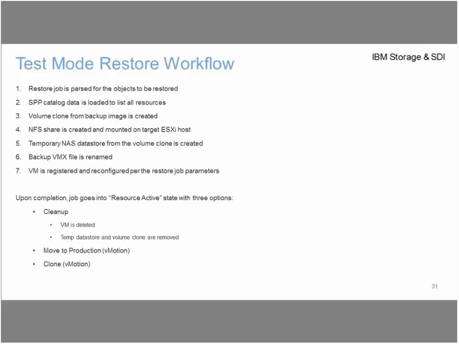We're going to create that temporary NFS data store from the volume clone, and then the backup VMX file, or the information about the CPU and memory and all that stuff for the virtual machine, is copied and renamed. We're going to register the VM with the vCenter server. Remember that the VMDK, the data itself, is still running off of the vSNAP server, right?